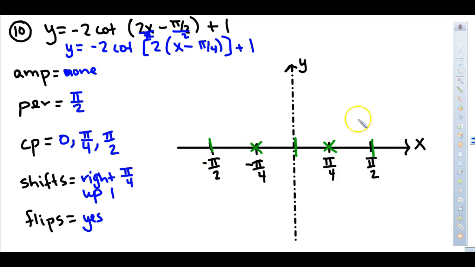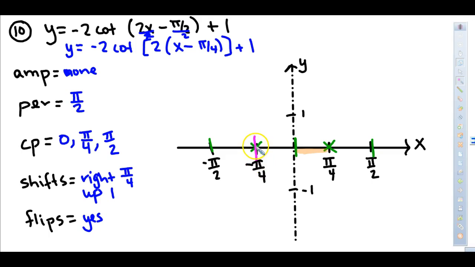Now we're going to shift stuff. The shift is right pi over 4. So this amount right here is pi over 4, right? So everything's going to go 1 little pi over 4 unit to the right, and then up 1. Oh, I need to put my 1 up there. Oh, y'all know I've got to put my negative 1 too. So this asymptote is going to go to the right 1, it's going to move to right there.